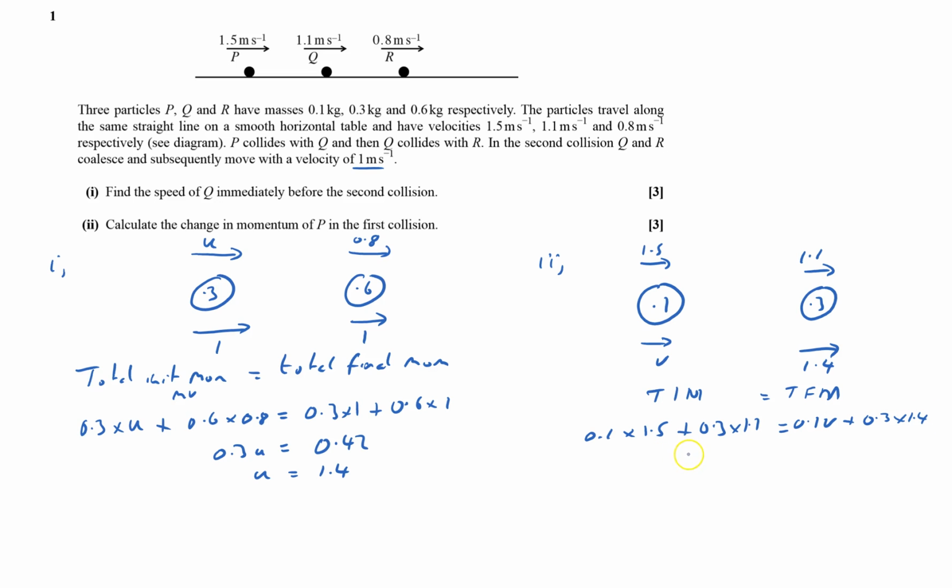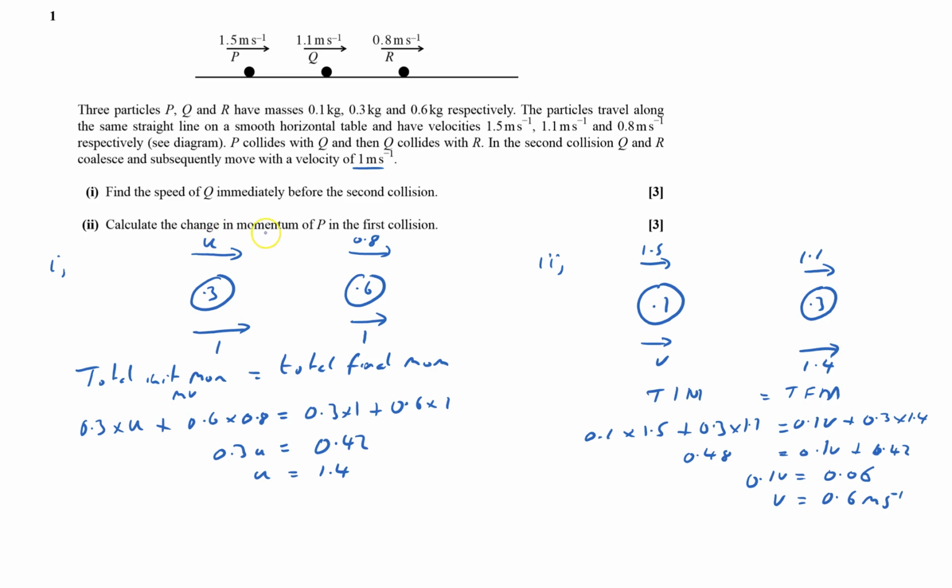So on the left hand side I've got 0.48 equals 0.1 V plus 0.42. So 0.1 V equals 0.06. So V equals 0.6 meters per second.